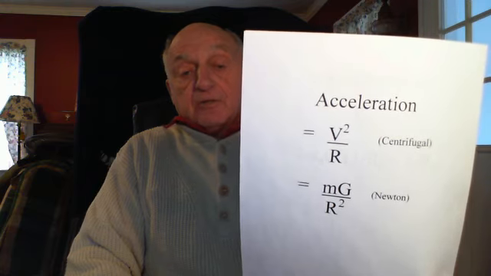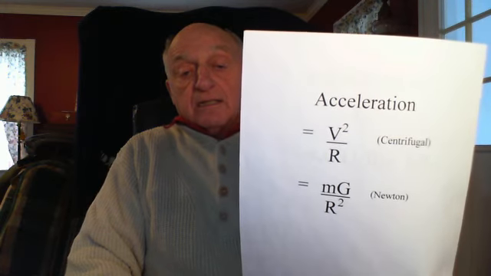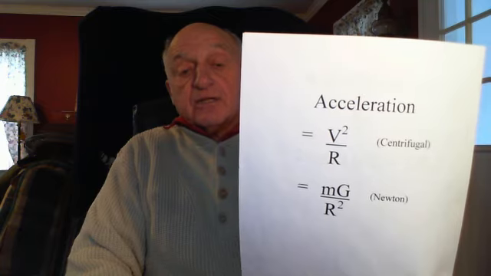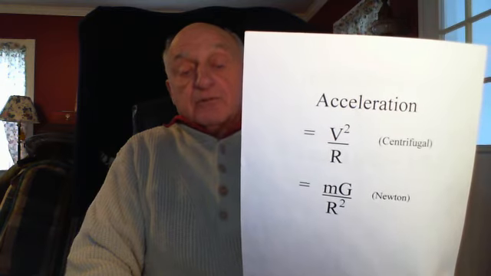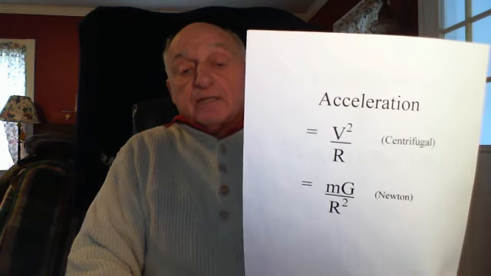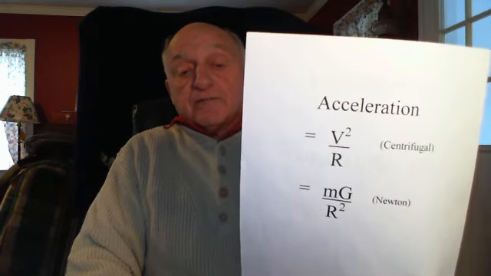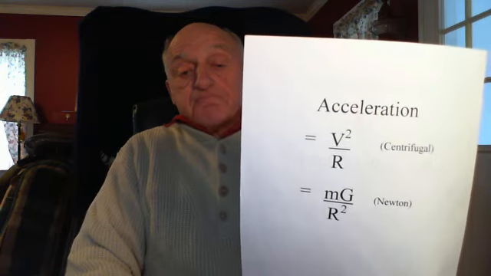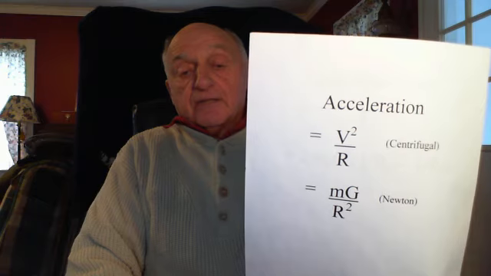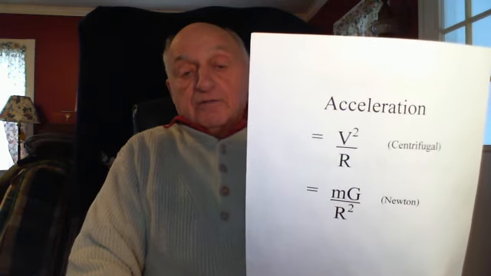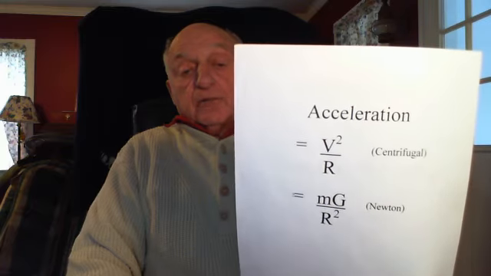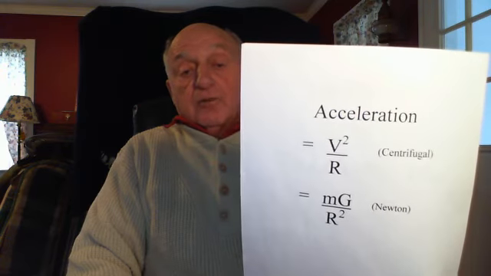Then we have Newton's equation that opposes that. And this is the gravity equation that says that the mass of the Earth, in the case of the Moon, times the universal gravity constant G, divided by the radius of the orbit of the Moon around the Earth, assuming it's circular, gives you the force of gravity, or the acceleration due to gravity, and these two are equal when the Moon is in a stable orbit.